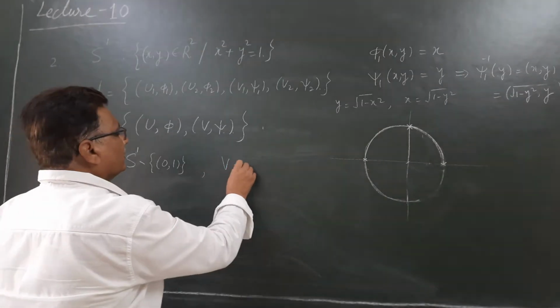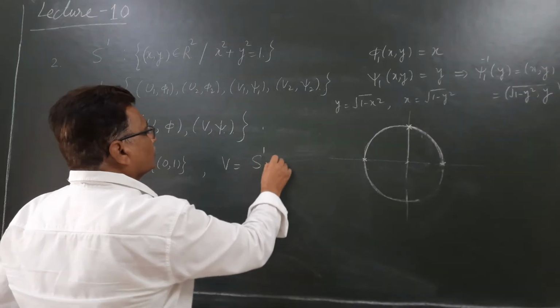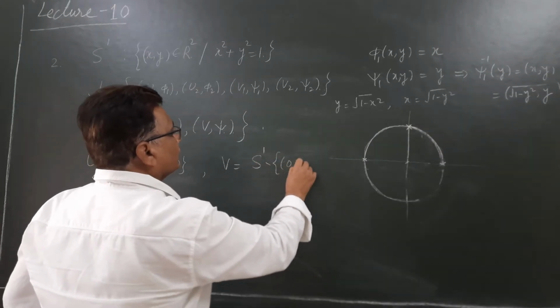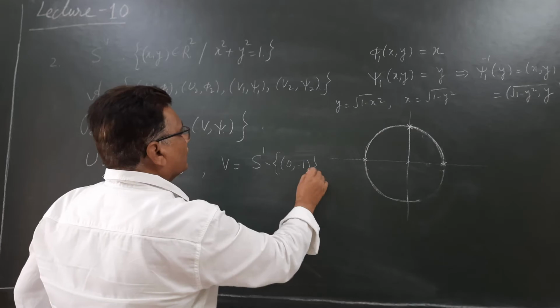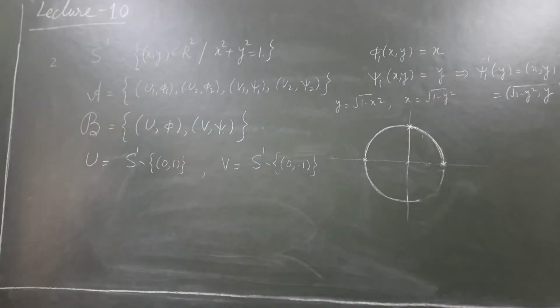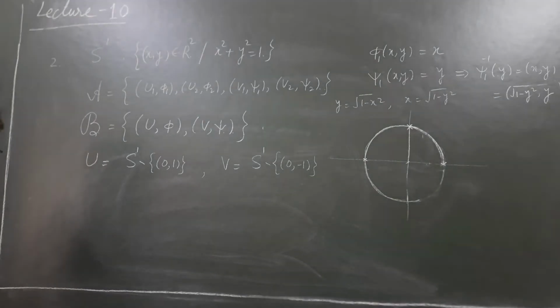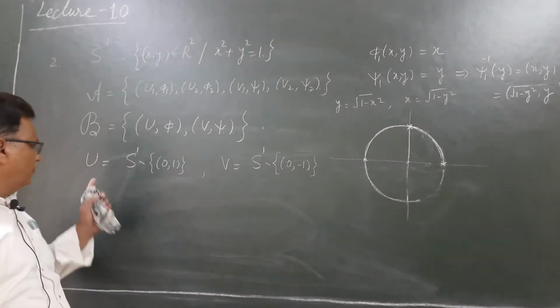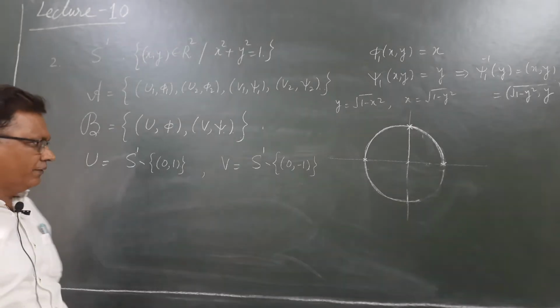Similarly, the set S1 minus (0,-1) is an open subset of the circle. So these are the two open subsets of the circle. The reason why they are open I have already explained.